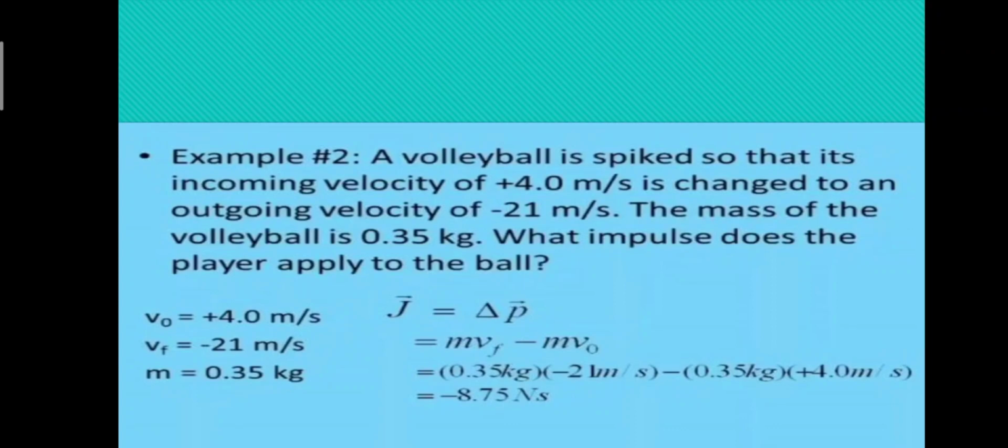So the mass here is 0.35 kilogram, and the final velocity is negative 21 meter per second, minus 0.35 kilograms times 4.0 meter per second. So the answer, or the impulse of the given, is negative 8.75 Newton second.